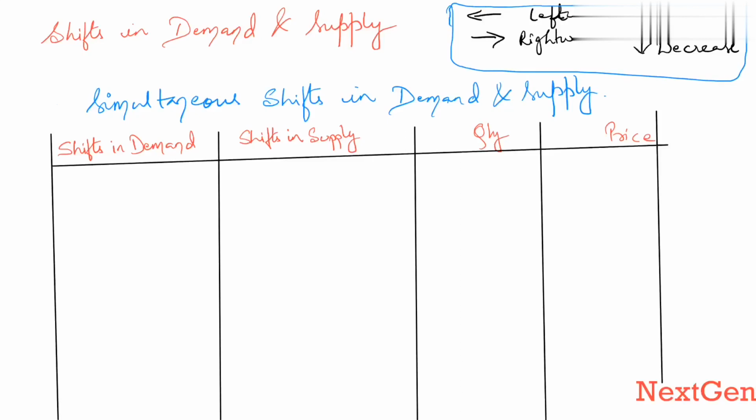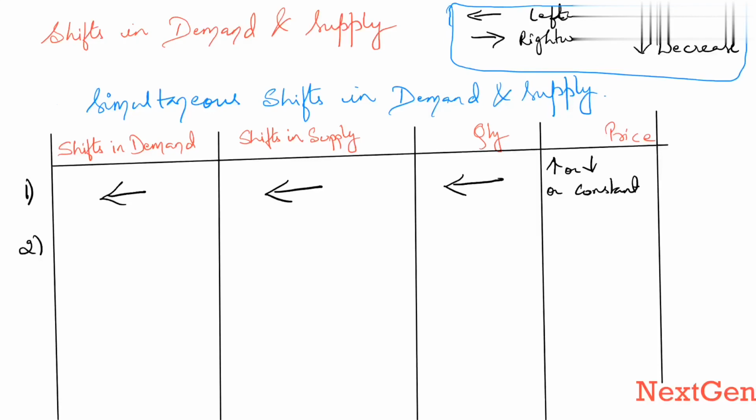Now suppose number 1, if demand decreases and supply also decreases, then the quantity also decreases, but the price may increase or decrease or remain constant.